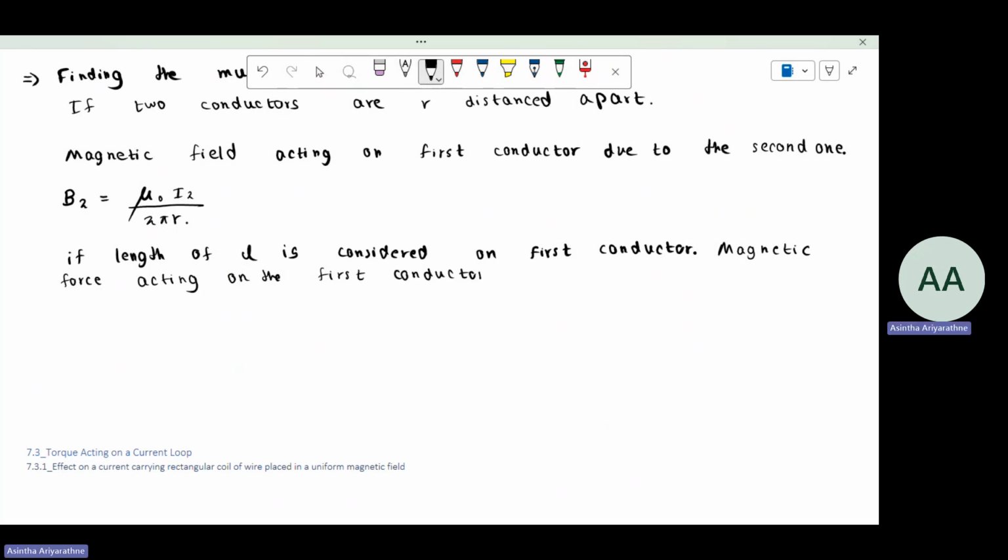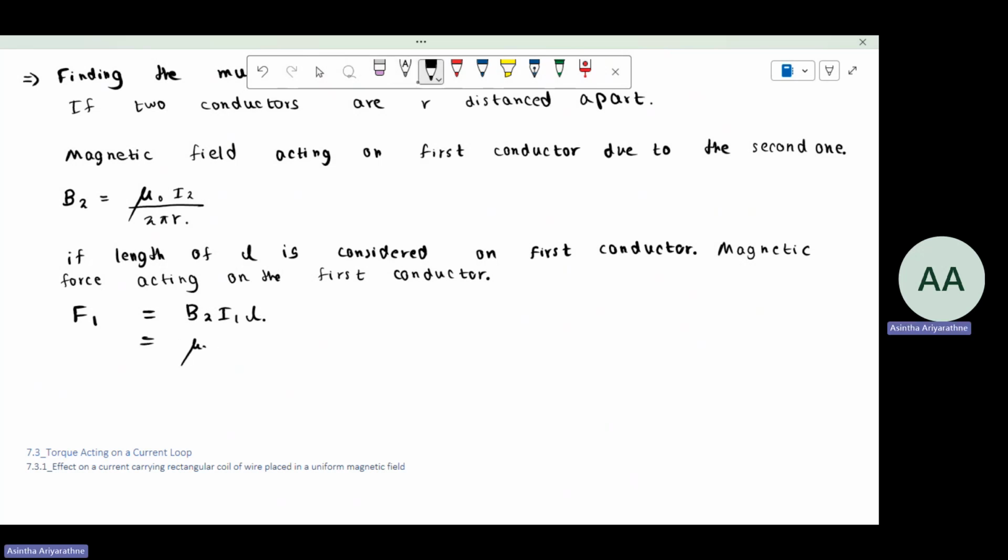The magnetic force is B2 I1 L, because here we are considering the magnetic field acting on the first conductor. The magnetic field is acting on the first conductor due to the second conductor, B2, and the current through the first conductor is I1, over length L.